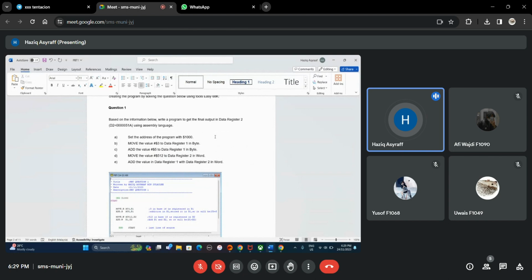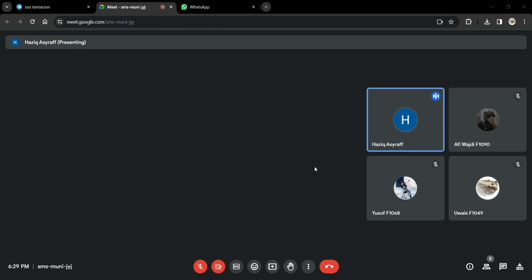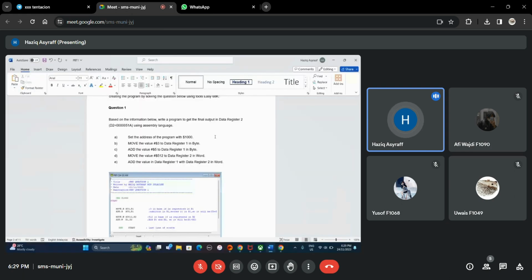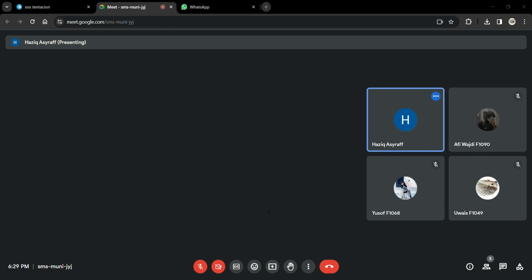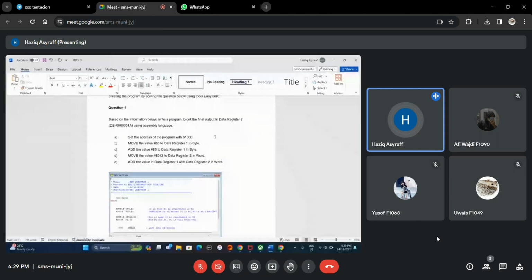Second, move the value of hexadecimal 3 to data register 1 in byte, and then add the value hexadecimal 5 to register 1 in byte, and then move the value hexadecimal 512 to data register 2 in word.